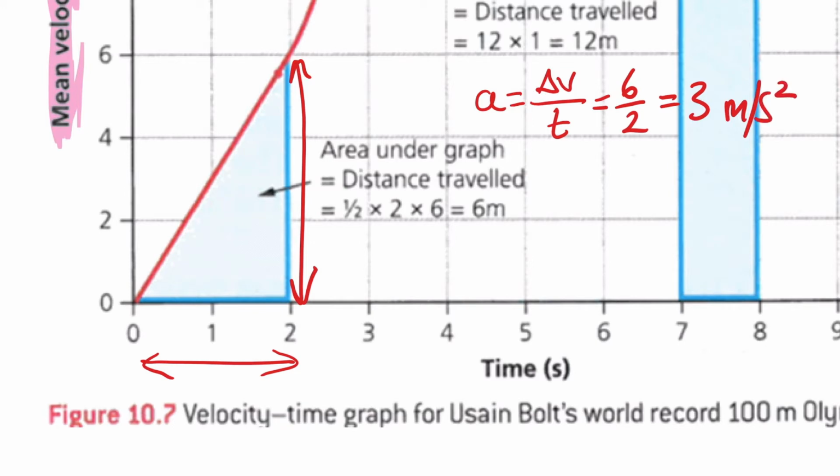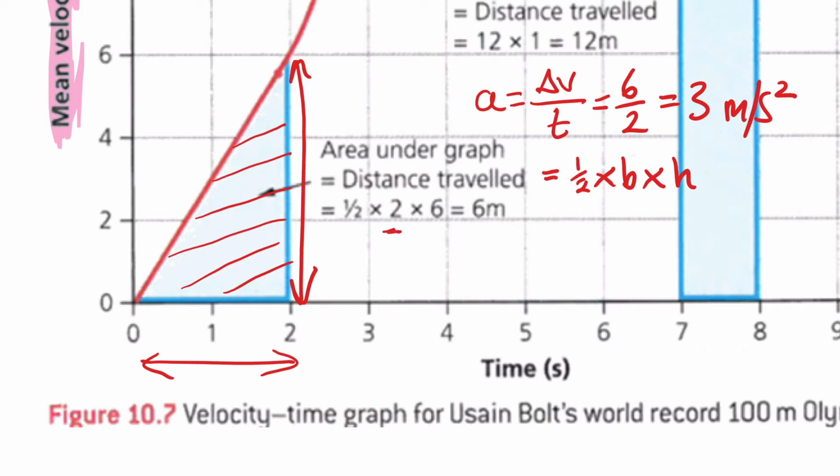For higher tier pupils, to work out the distance travelled in the first 2 seconds, you calculate that area under the graph. And using an equation that you would have used in maths, half base times height of a triangle is its area. The base in this case is 2.